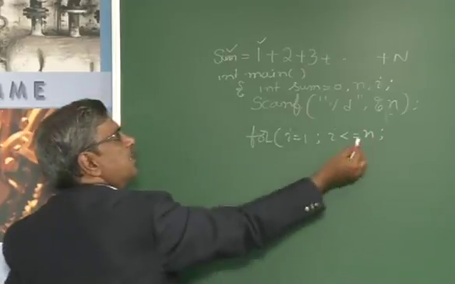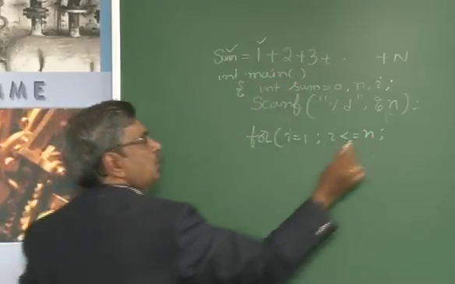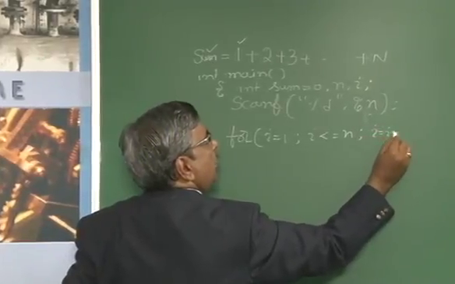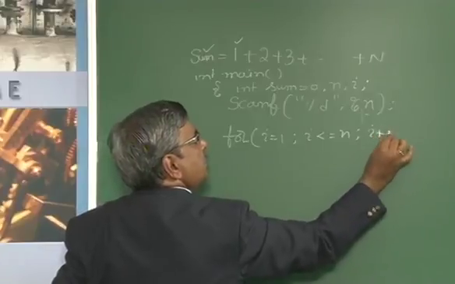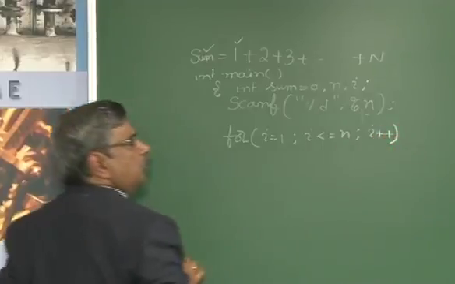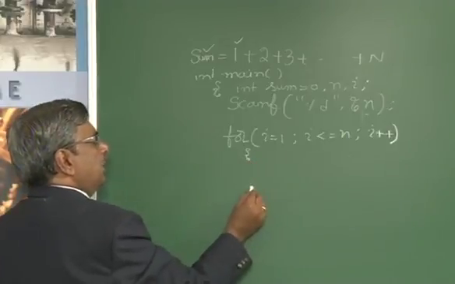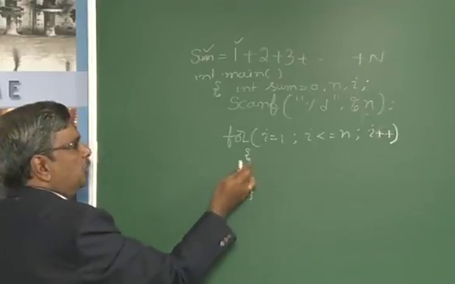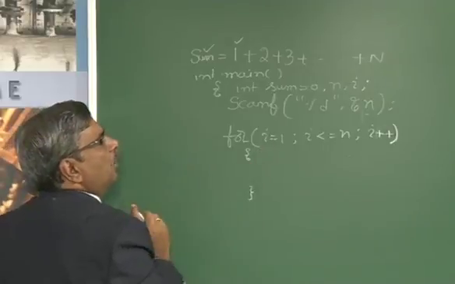Put a semicolon, this is the condition. Each time it is incrementing by 1, so you write I equal to I plus 1, or in short form I plus plus. Put a close bracket. Inside the loop you have only one statement, so there is no necessity of begin and end. If you have more than one statement, use begin and end so they get executed inside your for loop.